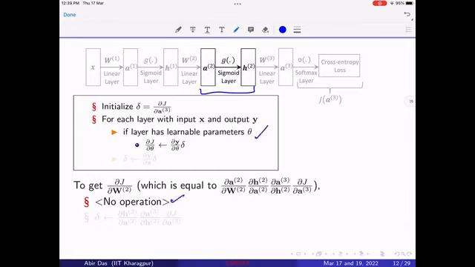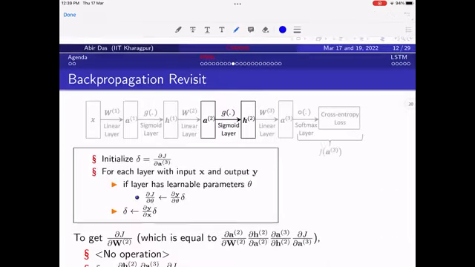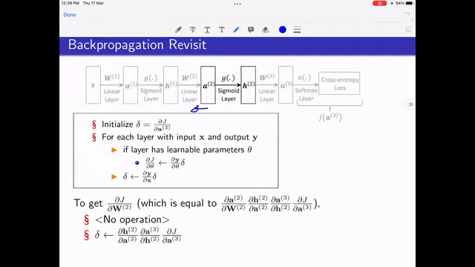Okay, so now your next step is you prepare your delta to be back propagated to this layer. What is this? The previous delta, you remember what was the previous delta?